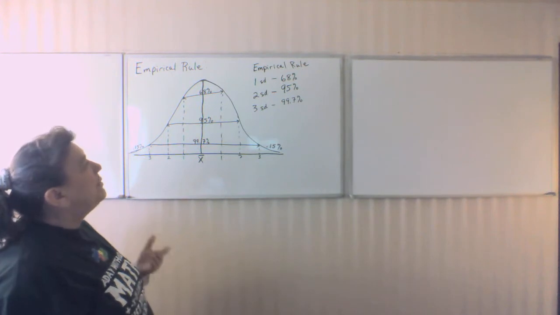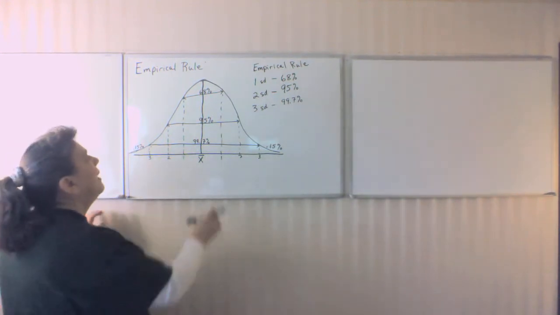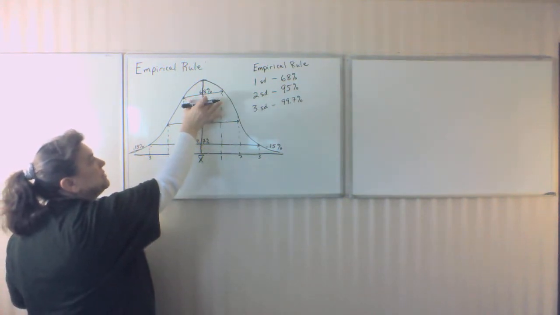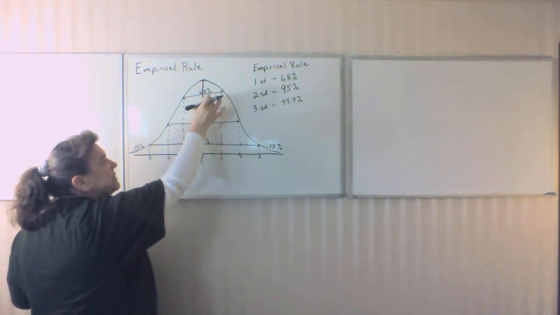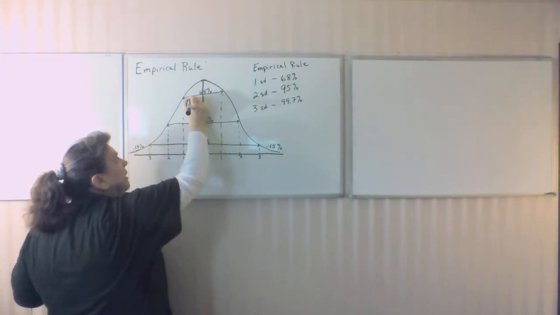But we're also going to break down this empirical rule a little bit more. If we took this 68%, since there are two equal pieces in it, this piece here is 34% of the data.